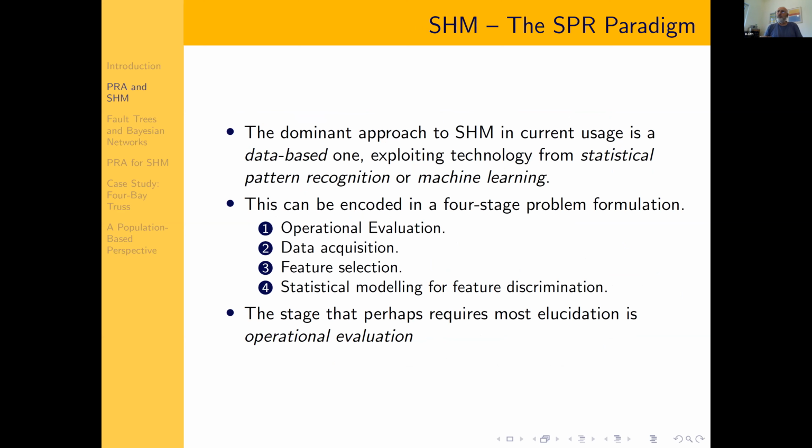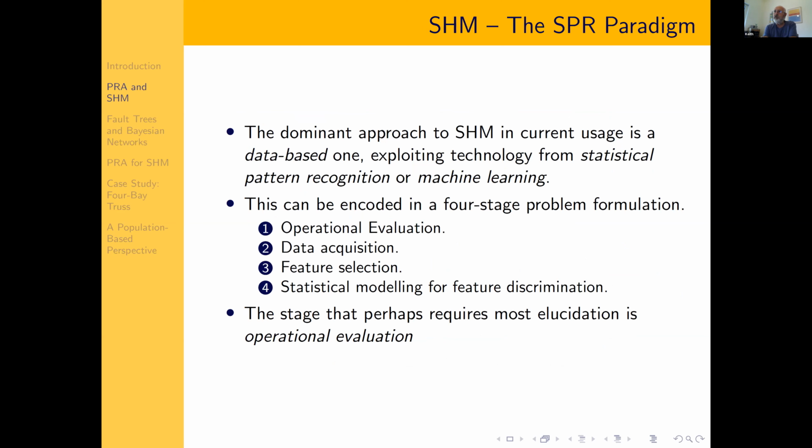So we don't want to throw anything away that has been useful. And so obviously we all want to keep all the bits of SHM that work, particularly the bits of data-based SHM, these technologies that we've adopted from machine learning and from these other different areas of science as well.